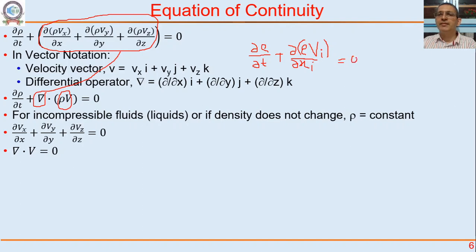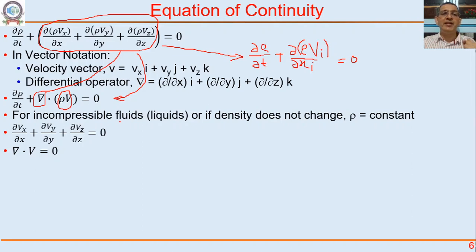So it is del rho by del t plus del by del x of rho Vx, del by del y of rho Vy, del by del z of rho Vz. You can write it like this as well, right? It is the same, either you write it like this, or in the vector notation you write it like this.